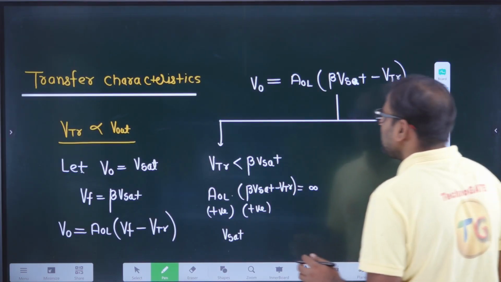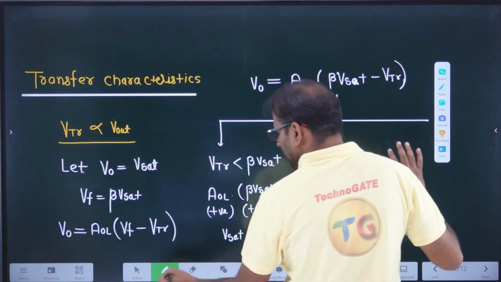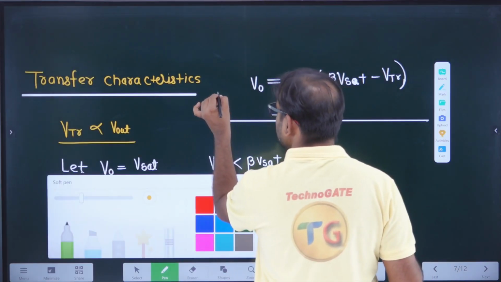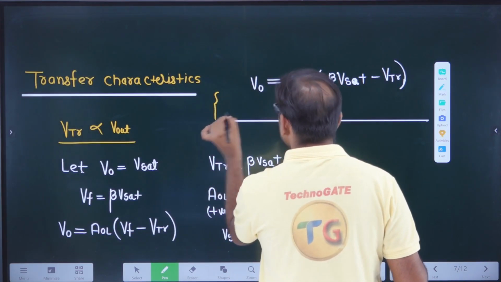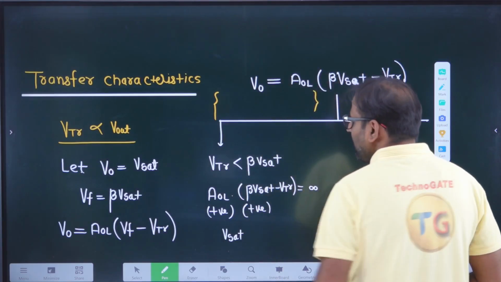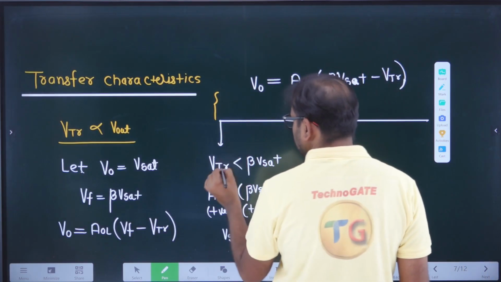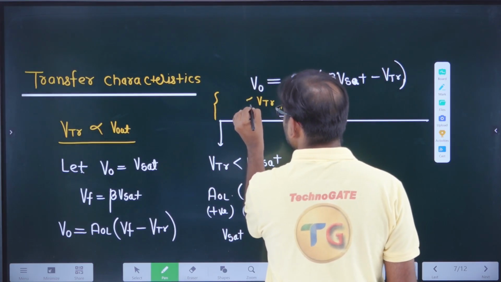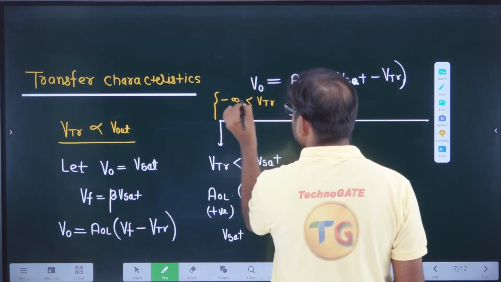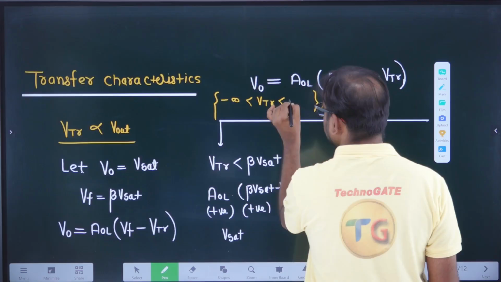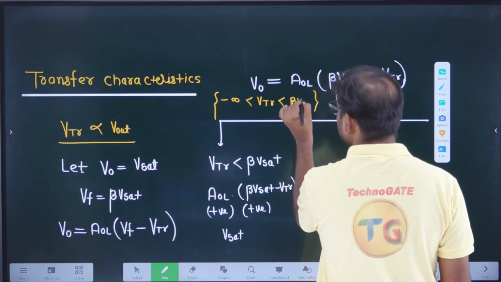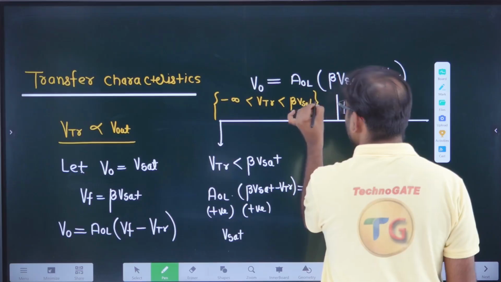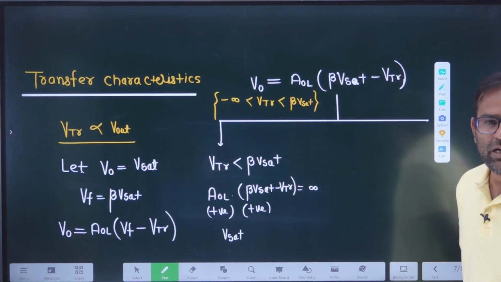So my circuit will stay at plus V saturation in which range? When VTR lies in the range minus infinity to beta into V saturation.